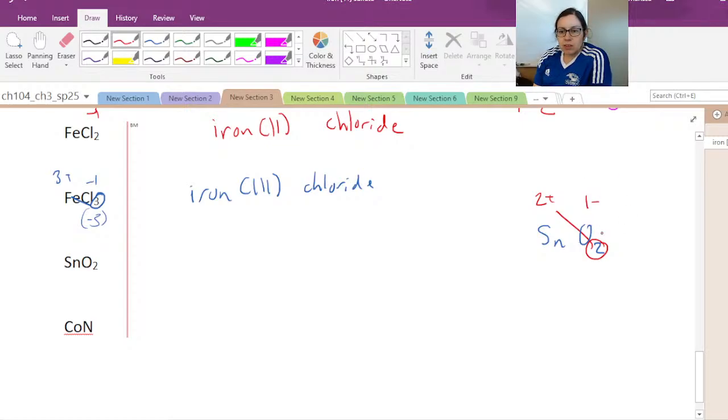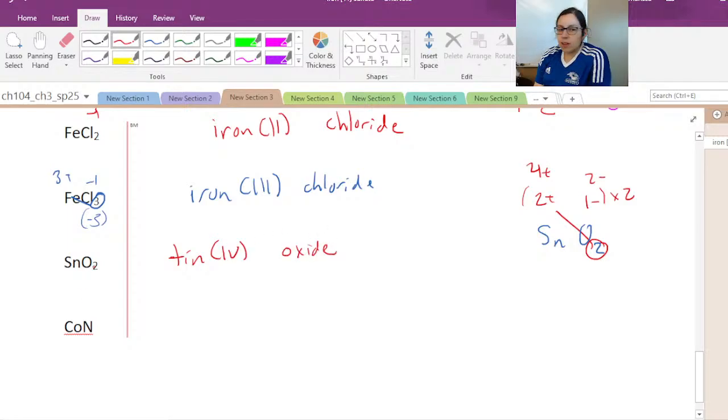But let's check ourselves. What's the oxidation state of oxygen though? Is it typically -1? No, it's -2. So the swap trick hasn't necessarily failed us. We just need to go times 2, so that leaves us with 4+ and -2. So it should actually be tin 4 oxide.